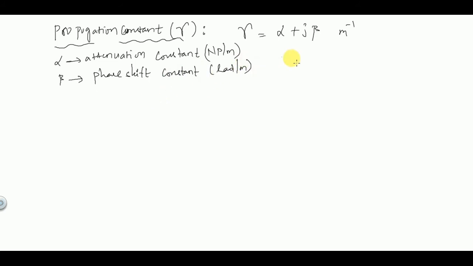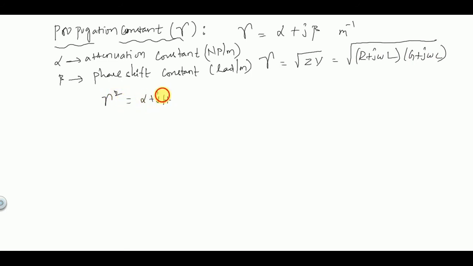Okay, so we know that gamma is equal to root of ZY, which is given by root of (R plus j omega L) into (G plus j omega C). So squaring on both sides, we get gamma square, which is equal to (alpha plus j beta) whole square, equal to (R plus j omega L) into (G plus j omega C).